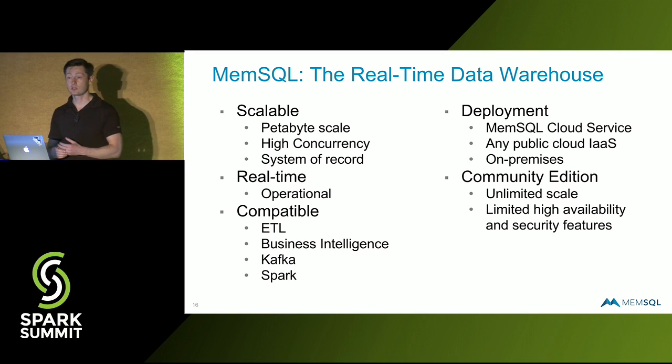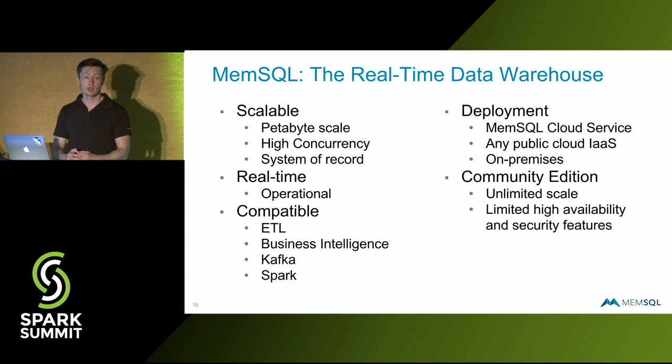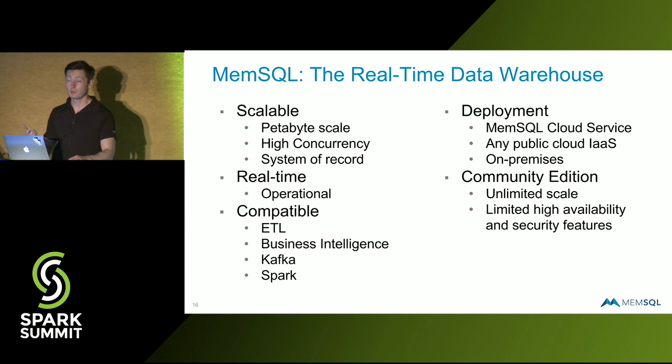We actually introduced our cloud service on May 1st. And it allows you to make your operations real-time and operational. So you can use MemSQL to serve data to your customers, not just to produce reports, but to actually put it in production. Have people go into your system through apps, through websites, and querying MemSQL in real time.